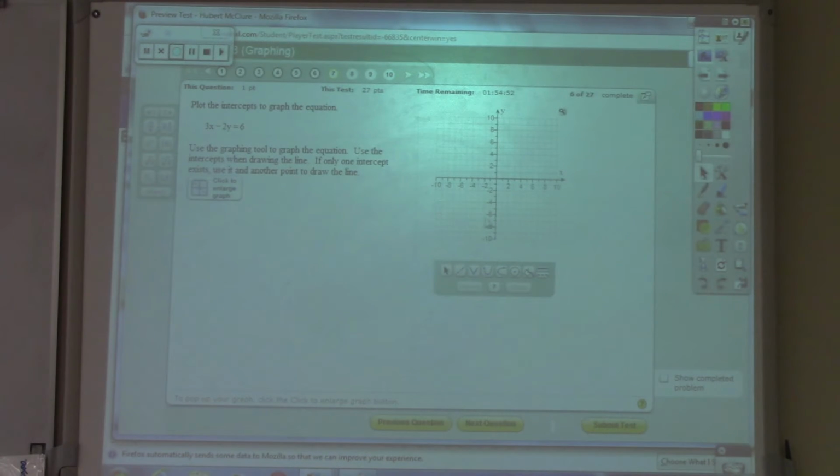Plot the intercepts. Okay, when x is 0, that's your y-intercept. So we'll do the x-intercept first. Y is 0, I'll just take my cursor and cover up this term. And that leaves you with 3x is equal to 6, which is what? 2. So your first point is 2.